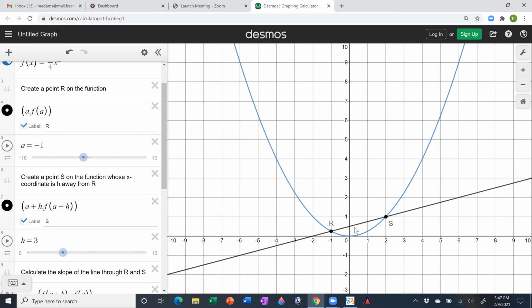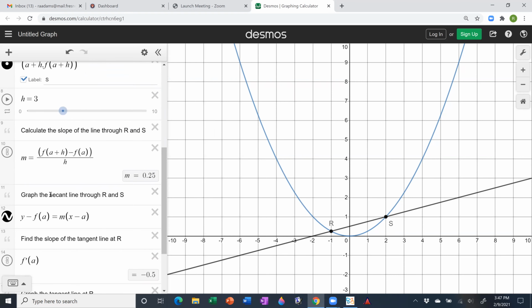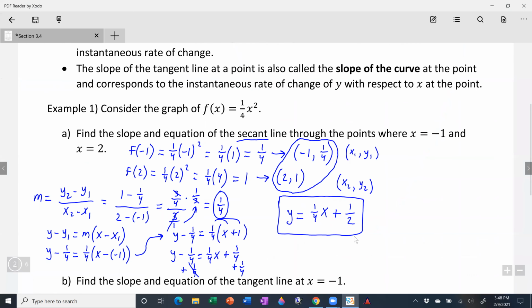So here's the line right there, and it looks like everything's pretty good, because if we just worked out the slope there, 0.25, yeah, that's 1/4. And then for this secant line right here, looks like it's got a y-intercept of 0.5, which is 1/2. Okay, so yeah, everything worked out, and that's the secant line from those 2 points.